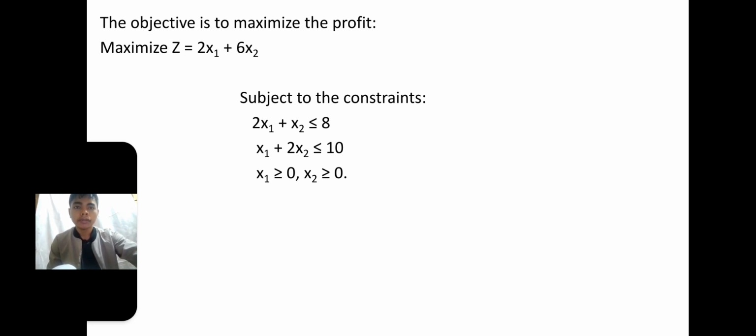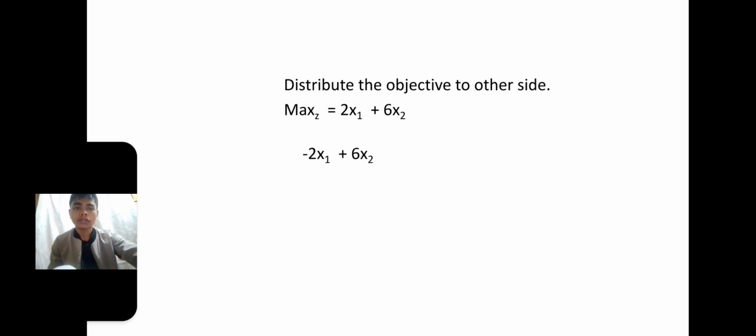Our objective is to maximize the profit. Maximize Z equals 2x sub 1 plus 6x sub 2, subject to the constraints 2x sub 1 plus x sub 2 less than or equal to 8, and x sub 1 plus 2x sub 2 less than or equal to 10, and x sub 1 greater than or equal to 0, and x sub 2 greater than or equal to 0.